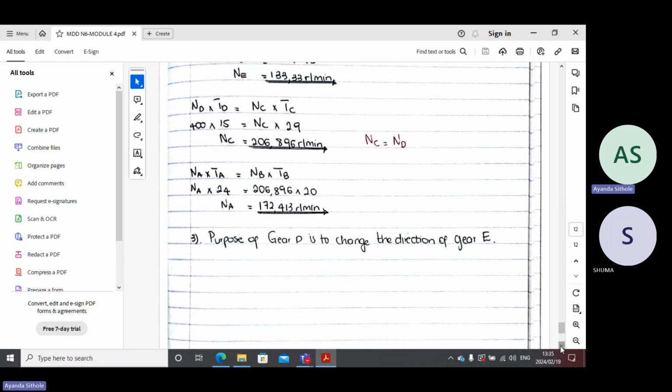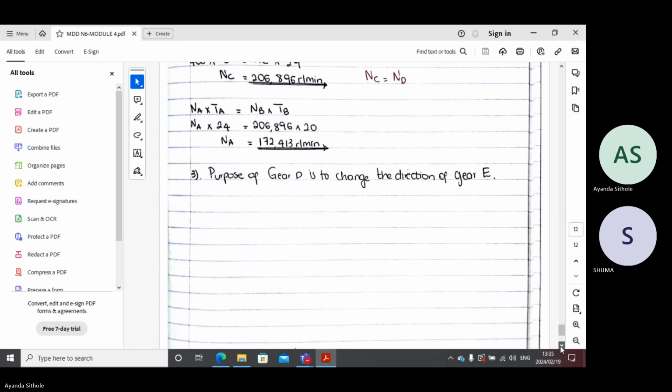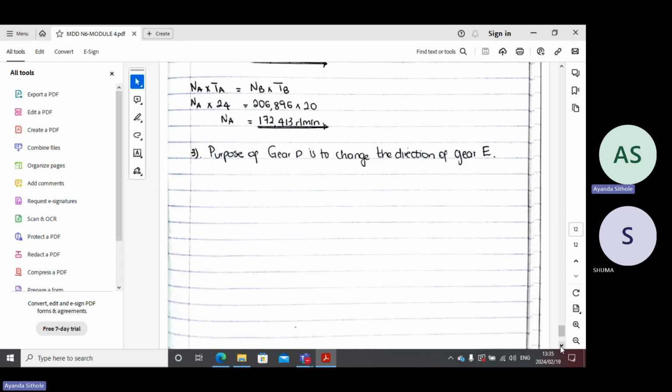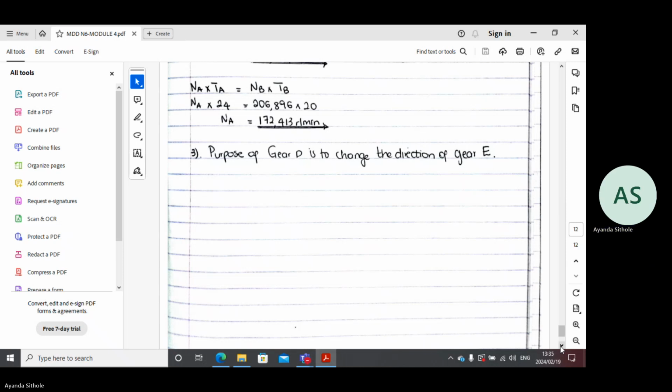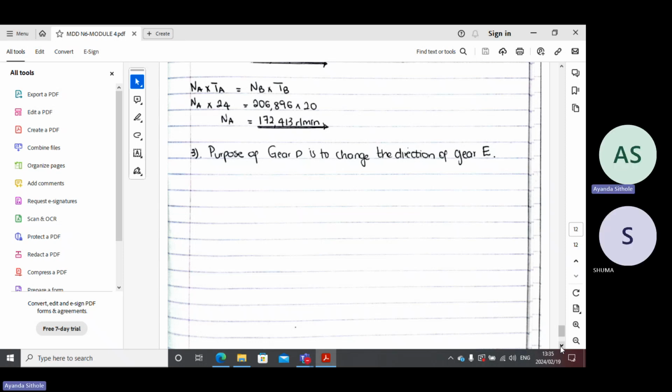Okay, so that was example 4.3. Then I will give you homework. Tomorrow we'll do another example that has Young's modulus so that you will understand this part here.